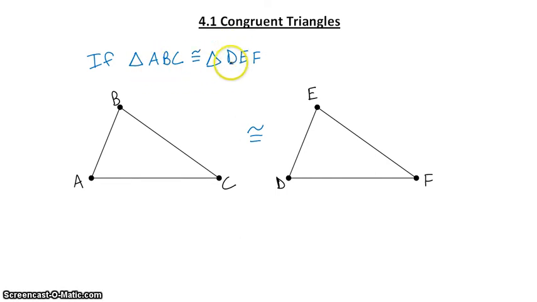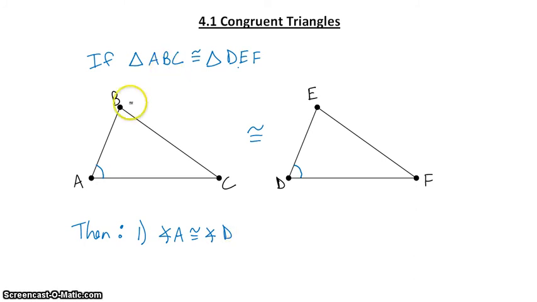So A corresponds to D, which means that angle A corresponds to angle D. Angle A is congruent to angle D because they correspond. They're in the same spot between my two congruent triangles. If this is true, then I can conclude that I have a pair of corresponding congruent angles.